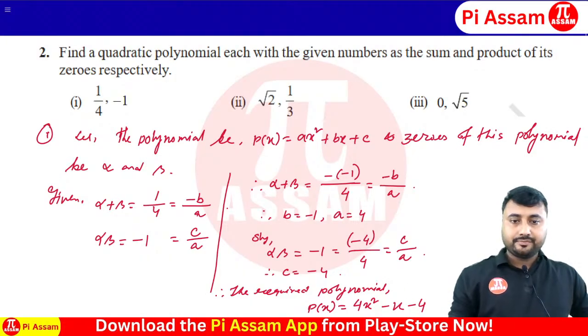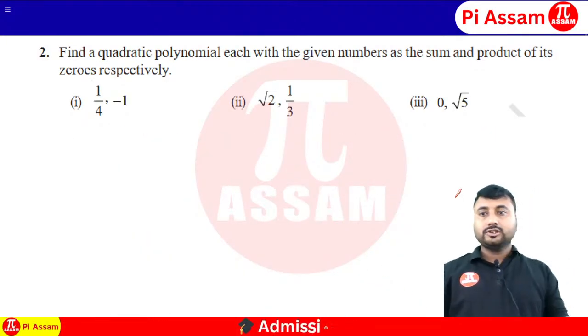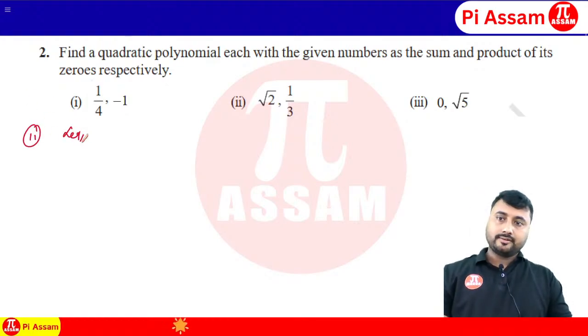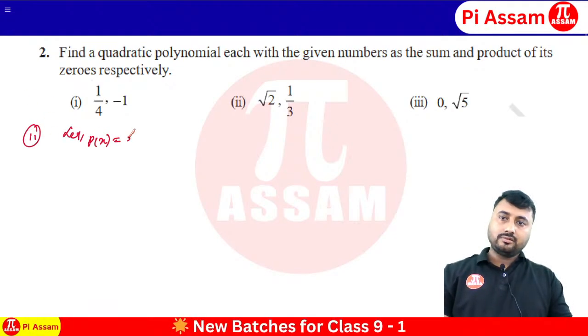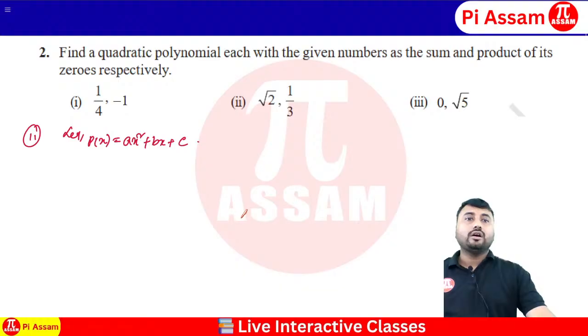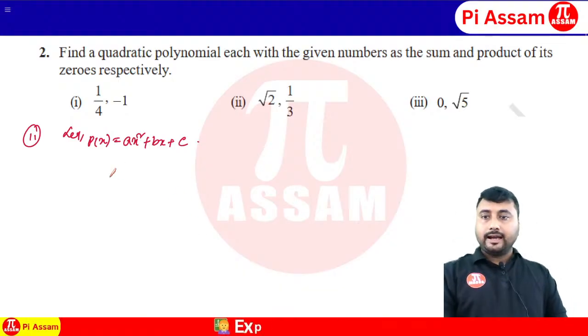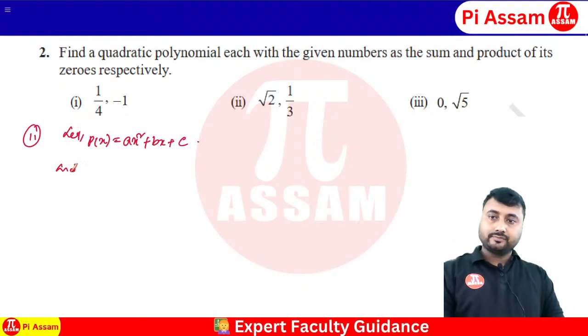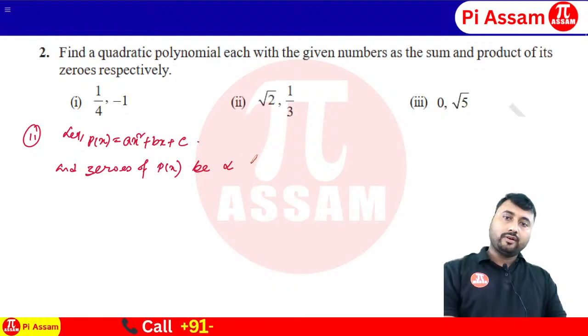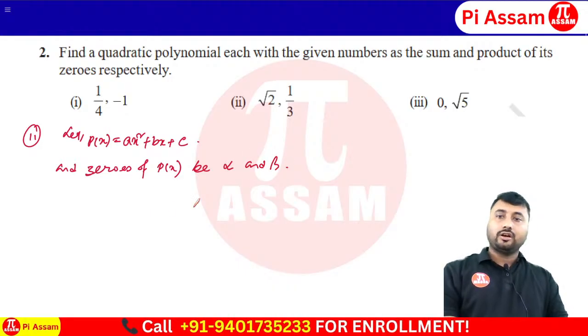So next question. Similarly, let p(x) equal to x squared plus px plus c, a polynomial, and the zeros of p(x) being alpha and beta.